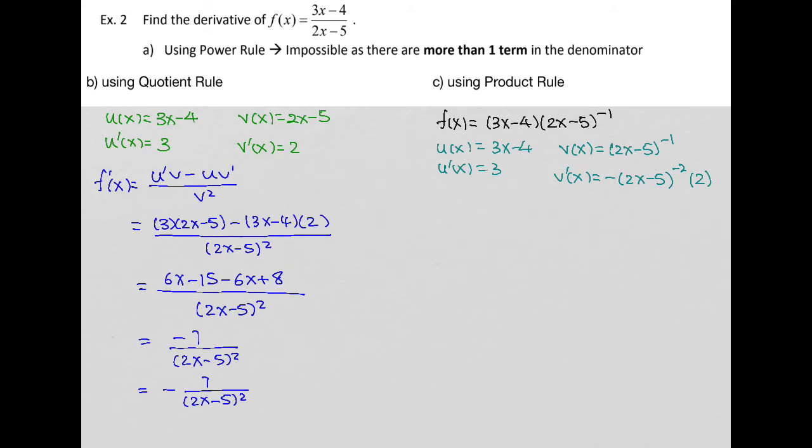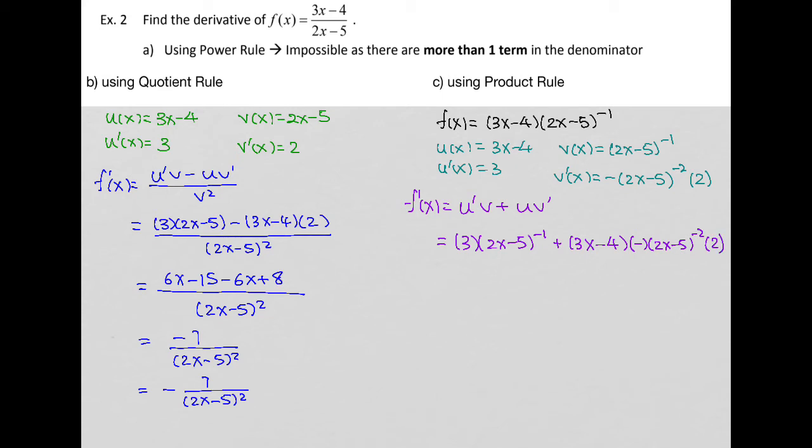So now let's use the product rule. So f prime equals u prime v plus u v prime. Let's substitute in. So u prime is 3, v is (2x minus 5) to the exponent negative 1, plus u, 3x minus 4, times v prime, which is negative (2x minus 5) to the exponent negative 2 times 2.